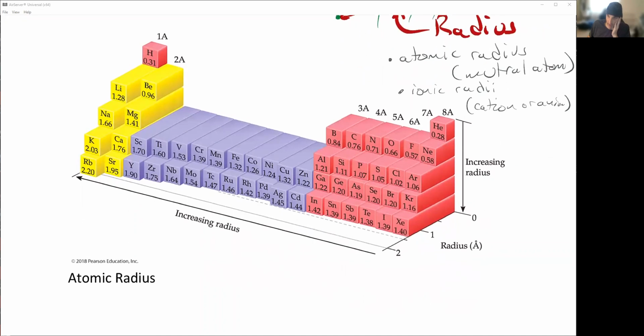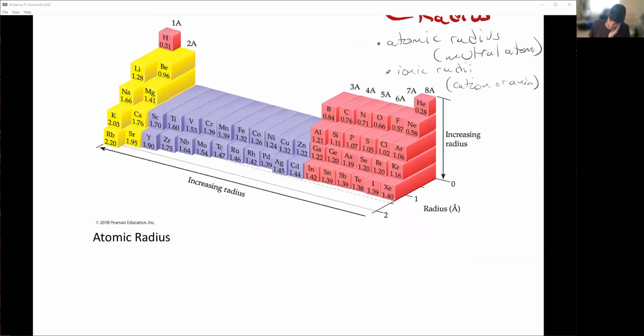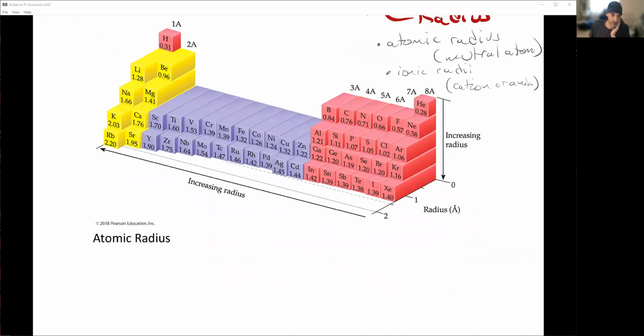So going from left to right, we have to think about what we know about Z effective. What we know about Z effective is the fact that going from left to right, Z effective increases.